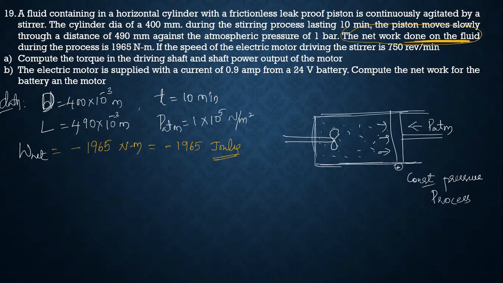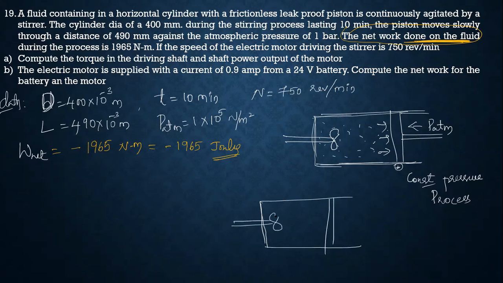Next, if the speed of the electric motor driving the stirrer is 750 revolutions per minute, that is N is given as 750 revolutions per minute. These are the data they have given. A fluid in a horizontal cylinder, which is agitated by a stirrer, and whatever pressure it exerts is balanced by the atmosphere.